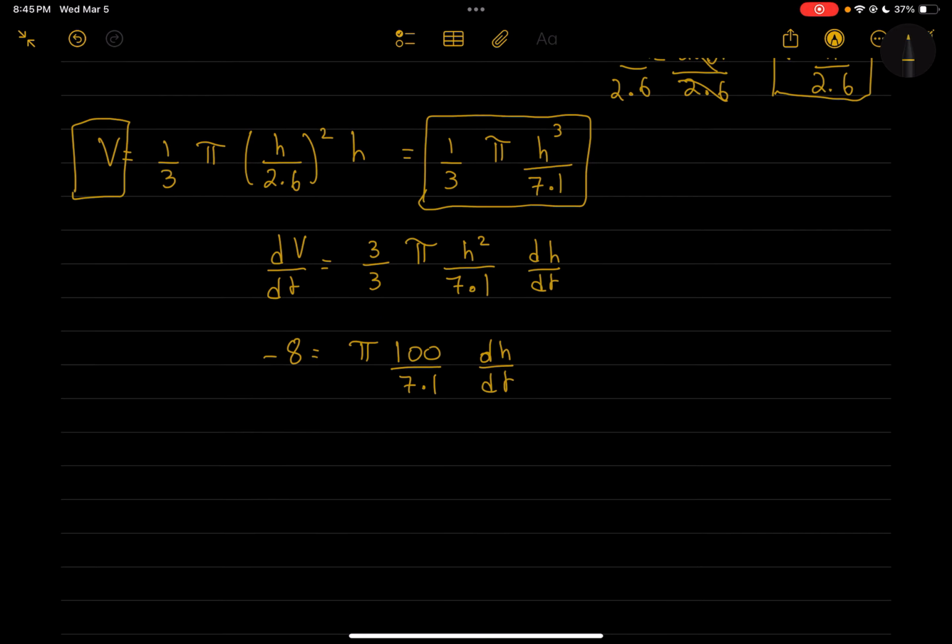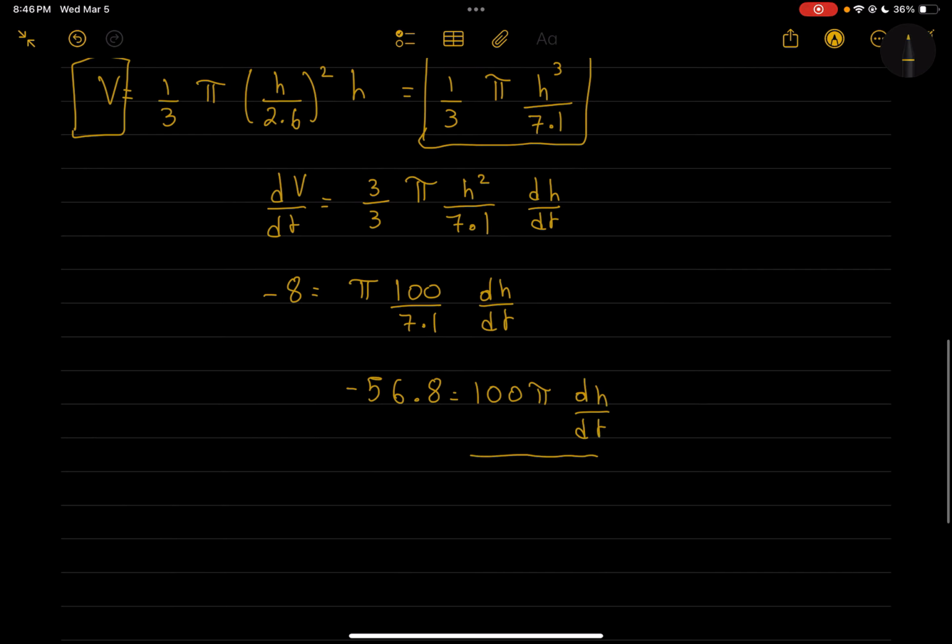So this is going to be 7.1 times negative 8, which is negative 56.8. So negative 56.8 equals 100 pi dh over dt.